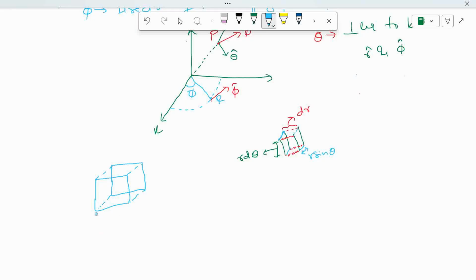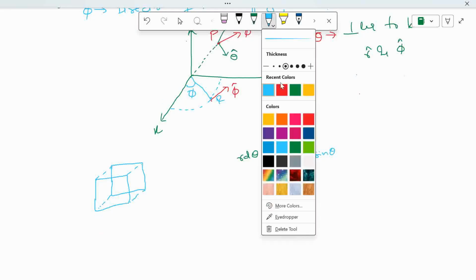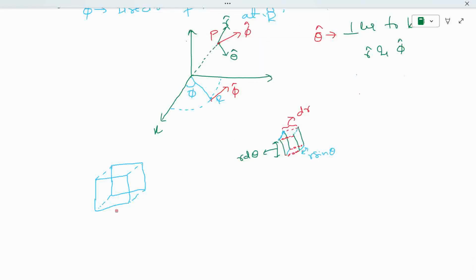Perfect cuboid with sides in this fashion. So just following the same thing, this is dr, and this is r sine theta d phi.